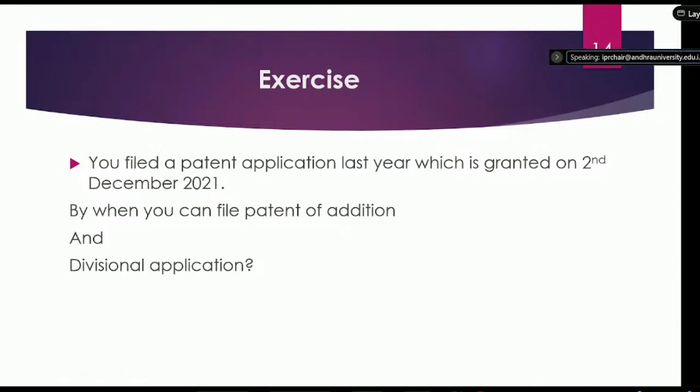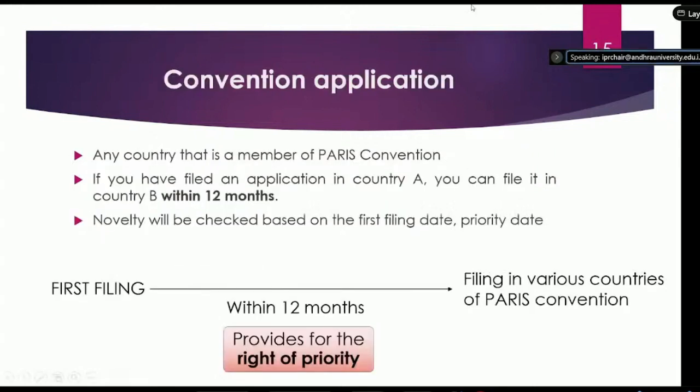However, you will file your patent of addition when you have some improvement or modification in your invention, and a divisional application is generally filed when you have multiplicity of inventive step. That may sound odd. That means you just have multiple inventions in your application. But this is just a question to analyze whether you have understood or not. So this situation will not come.